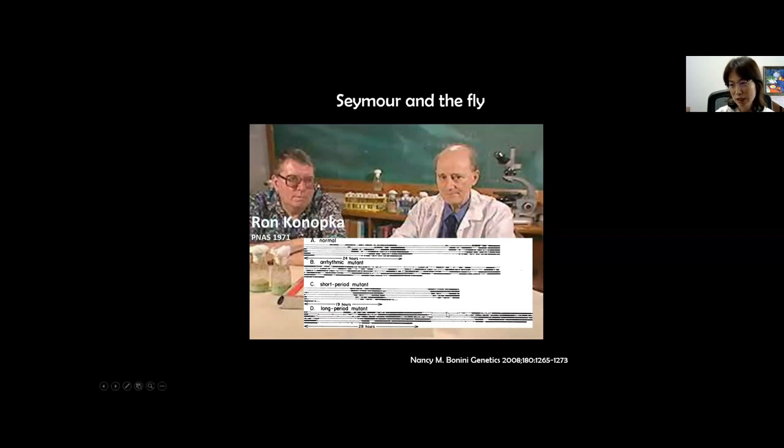And from this mutagenesis screening, they identified aberrant circadian period mutants. One was arrhythmic, the other one has a short period, and the other one has a longer circadian period. And that was really the seminal finding that you can actually manipulate circadian rhythm by mutating the core clock factors.